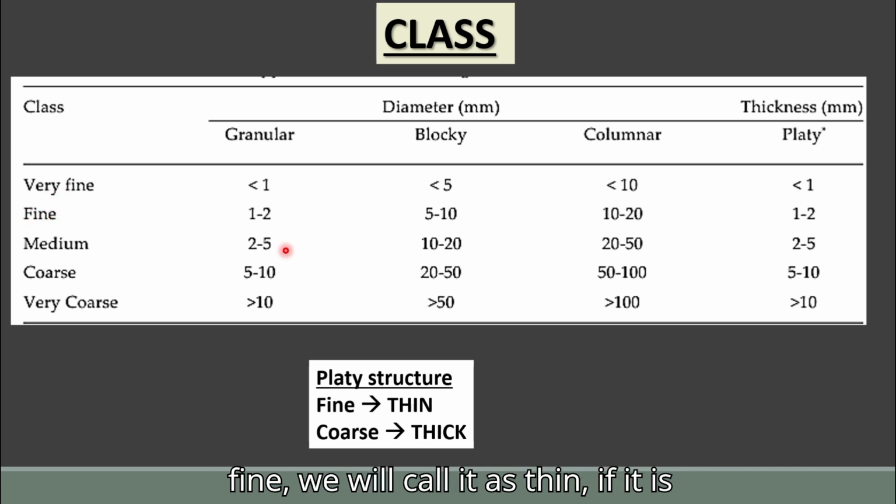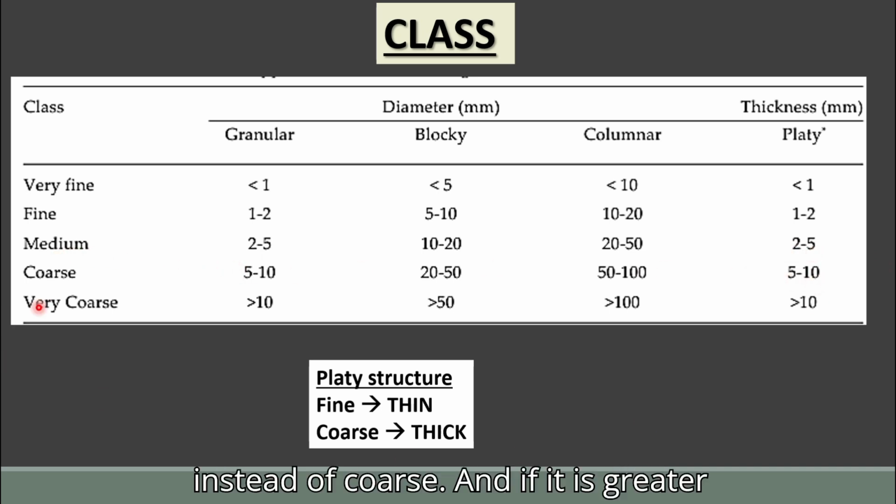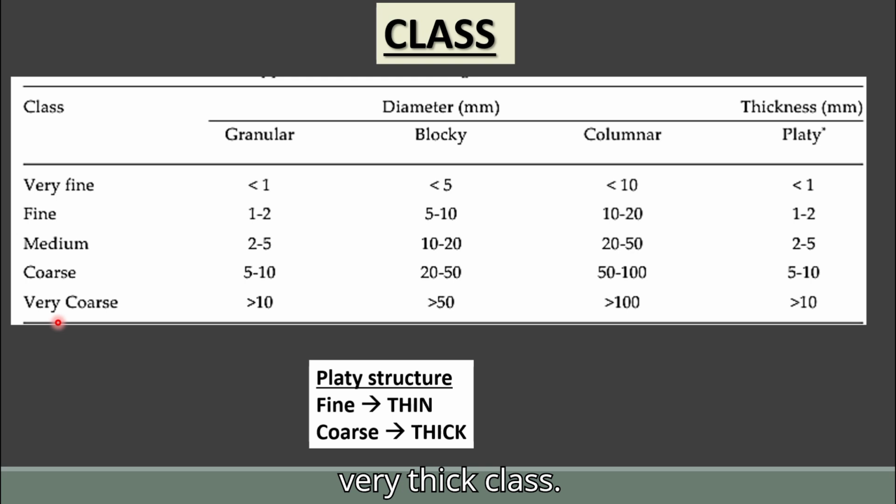So instead of fine, we call it thin if it is 1 to 2 millimeter. If it is less than 1 millimeter thickness, we call it very thin. If it is 2 to 5, it is medium. If it is 5 to 10, we call it thick instead of coarse. And if it is greater than 10 millimeter, we call it very thick.